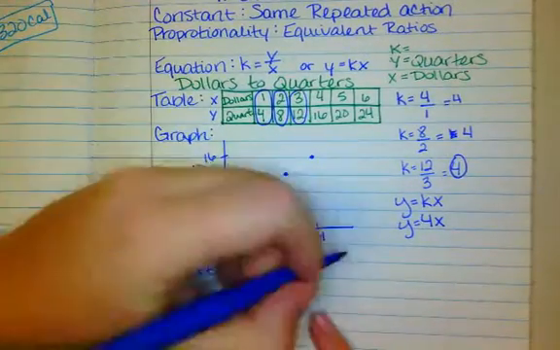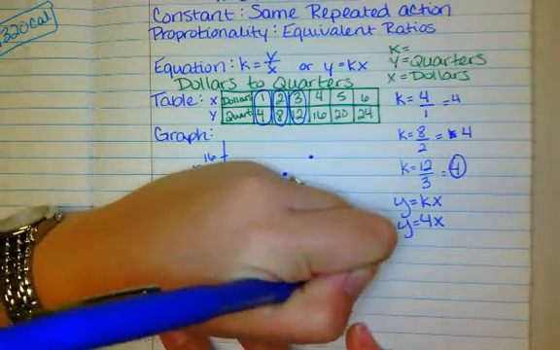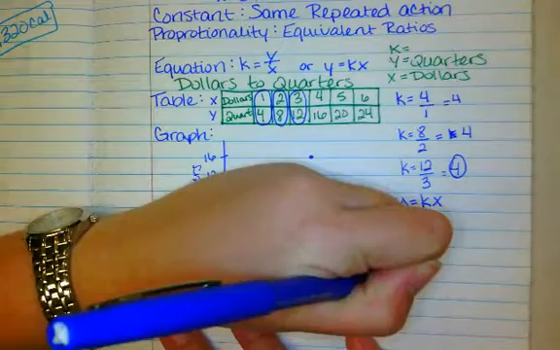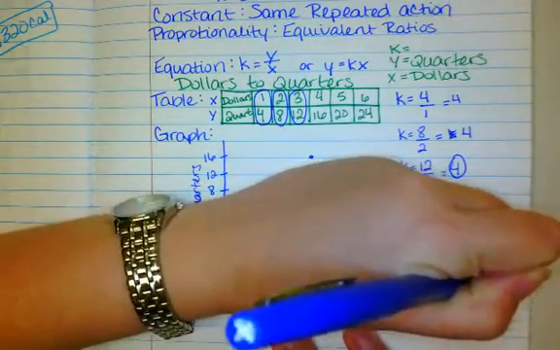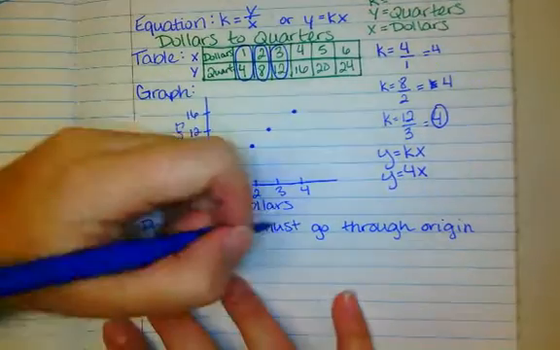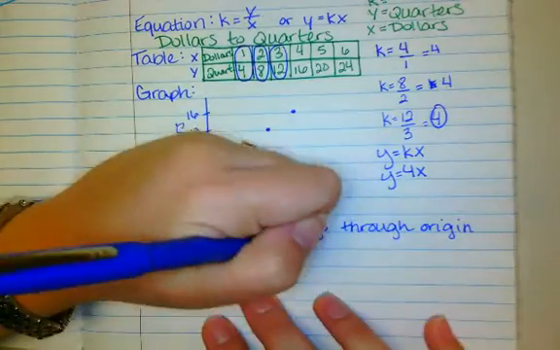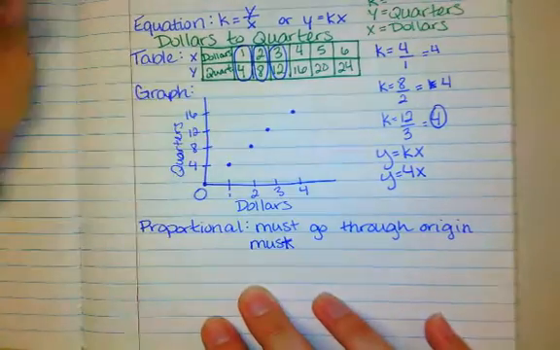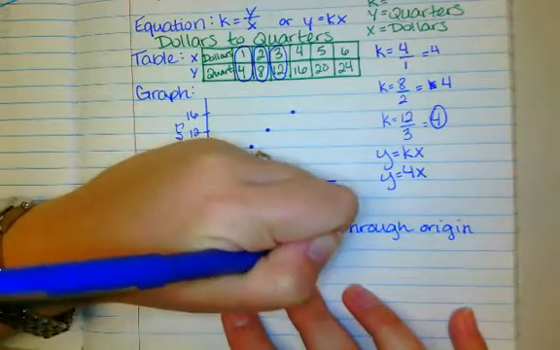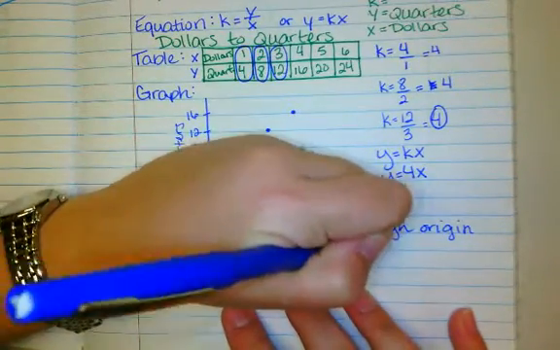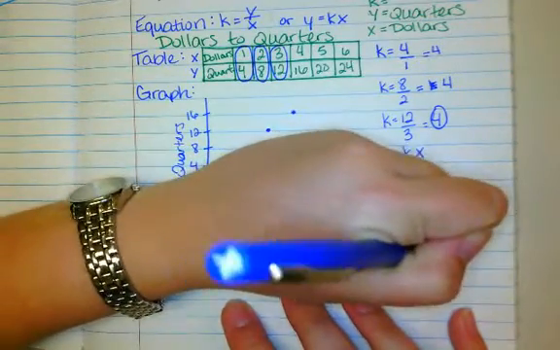If it's proportional, it must go through the origin. It must have a constant.